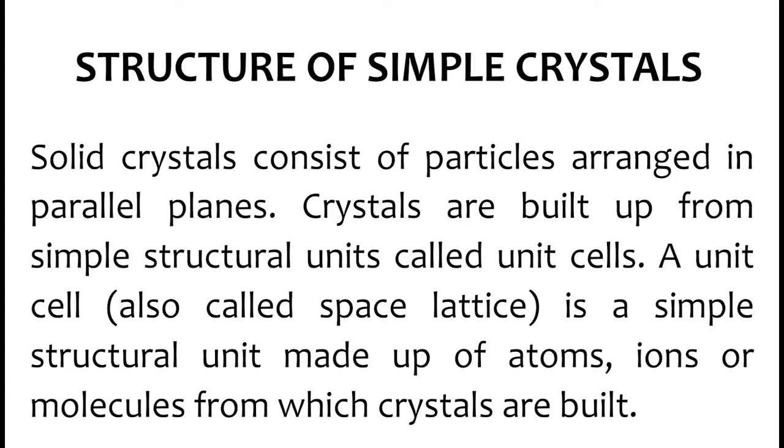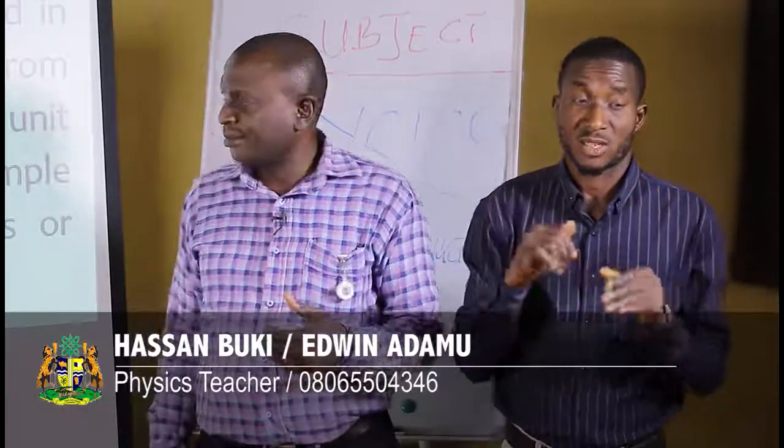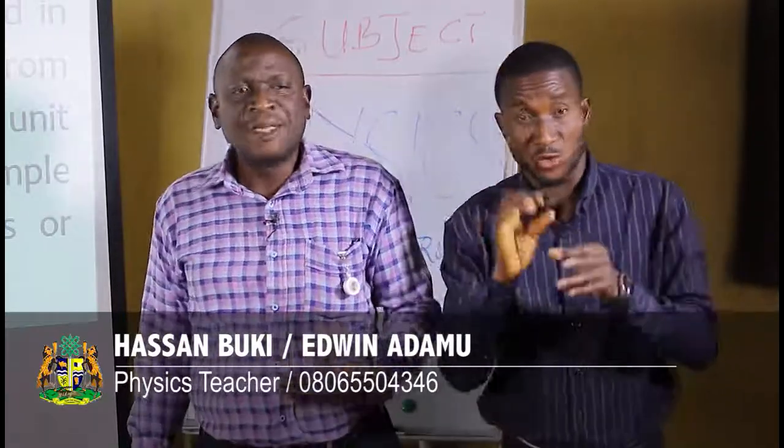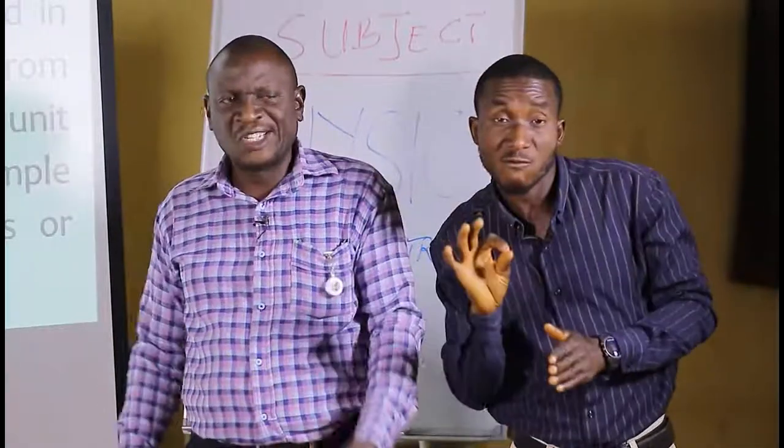A unit cell, which is also known as space lattice, is a simple structural unit made up of atoms, ions, or molecules from which crystals are built. In a nutshell, we can say that a unit cell is the building block of crystals.